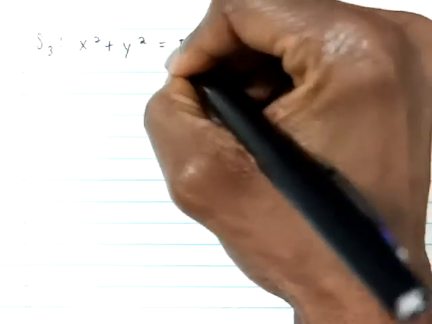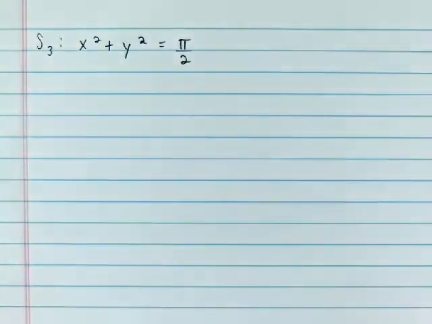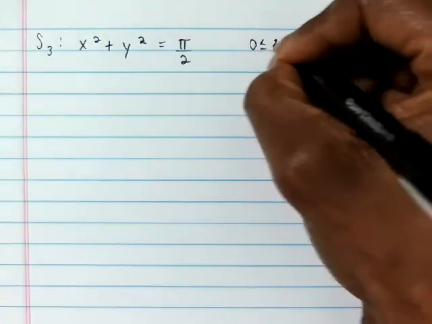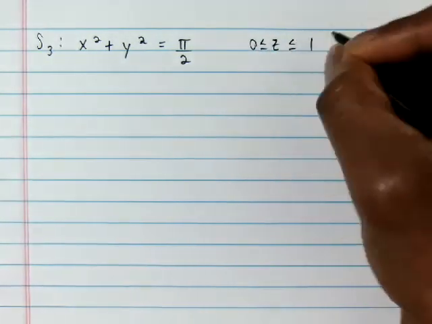We need to parameterize S3, which was, what was S3? It was the cylinder. So let me just write down what it was again before I parameterize it. All right, so that was the cylinder that we were looking at, and we were given Z between 0 and 1.